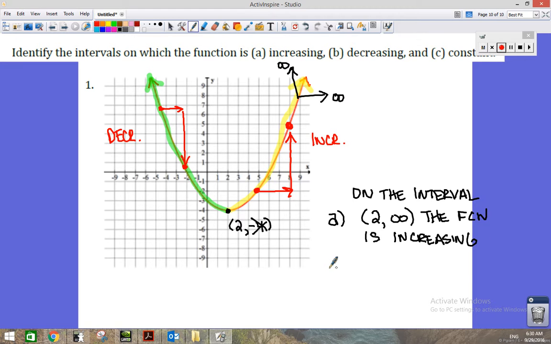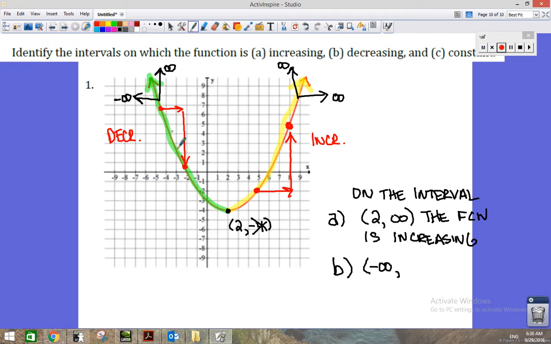Alright, so now let's take a look and describe B, where we've highlighted here in green. To describe this interval, on the left, the smaller values, this arrow is telling us that x is going towards negative infinity, y is going towards positive infinity. For the interval notation, we're only interested in the x-coordinates. So on the left this time, my smallest value is negative infinity.